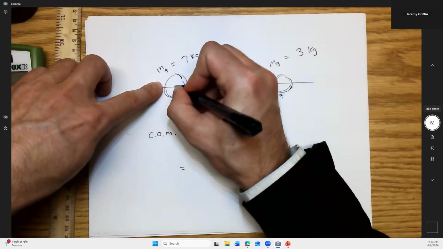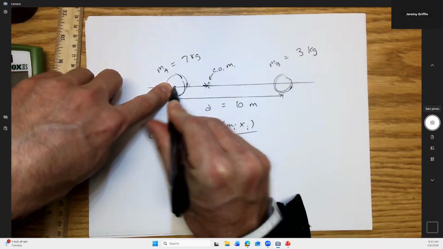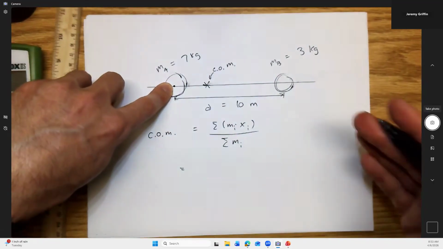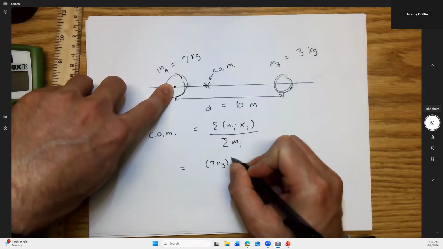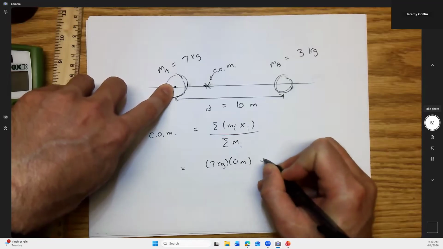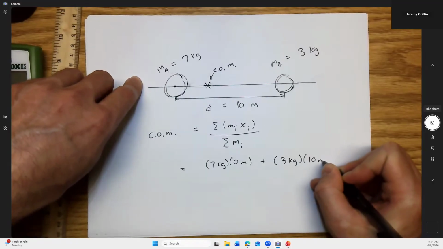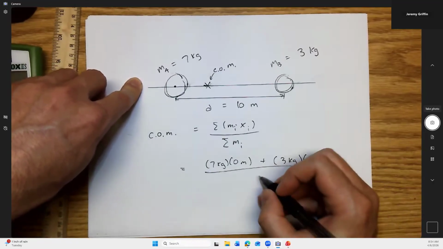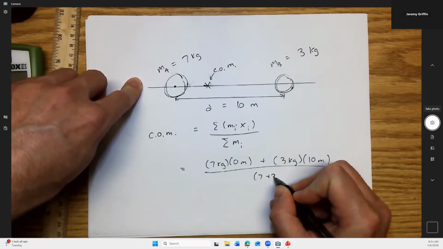So we can define this leftmost point as 0 meters. Then over here it could be 10 meters. So we'll go 7 kilograms at 0 meters plus 3 kilograms all the way out at 10 meters away, and then divide by 7 plus 3, which is 10.